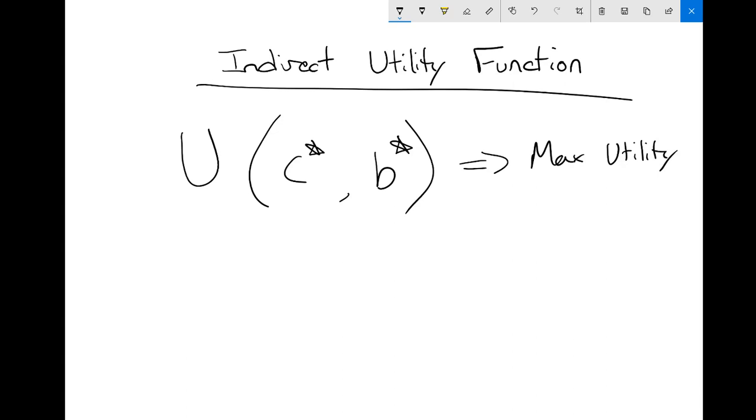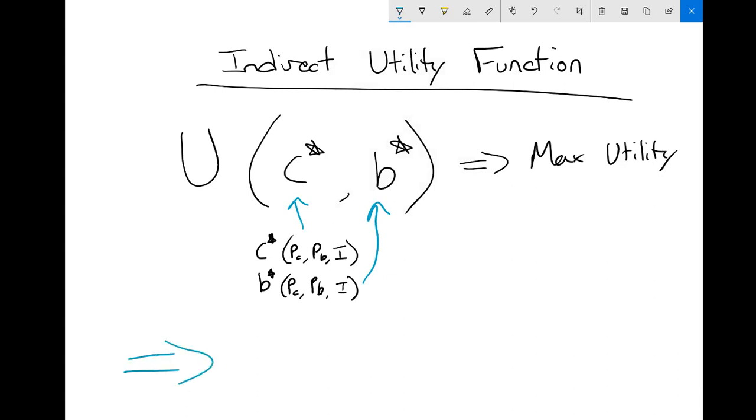Now, when we were solving the utility maximization problem in the last lecture, we noticed that the optimal values C and B were both functions of the parameters PC, PB, and income.